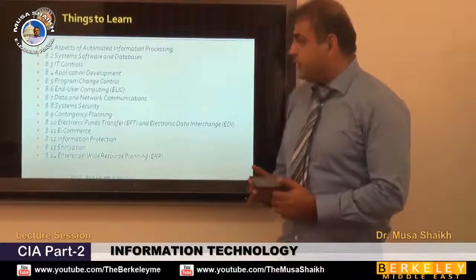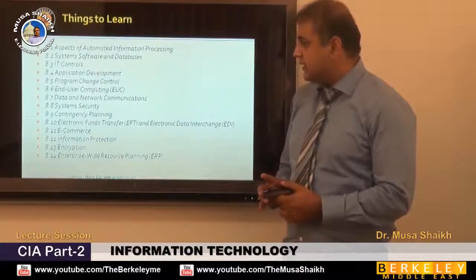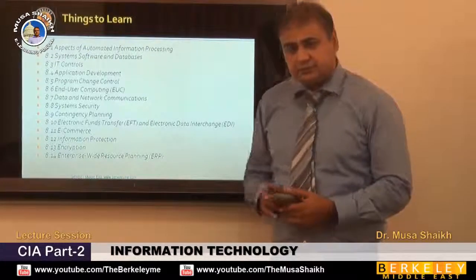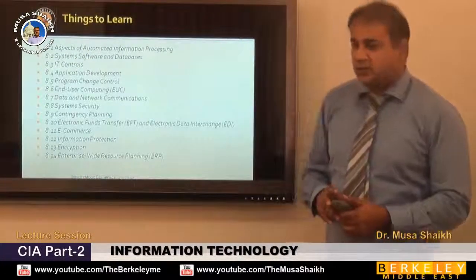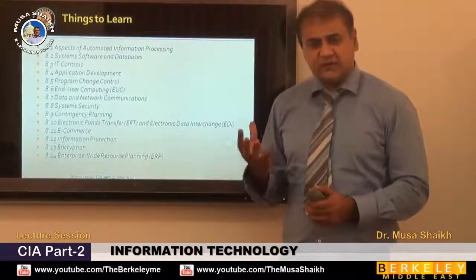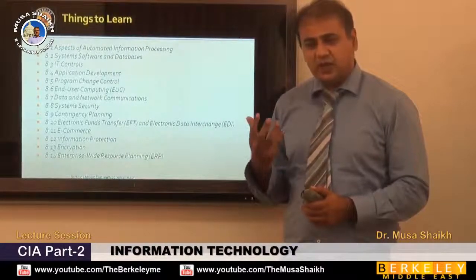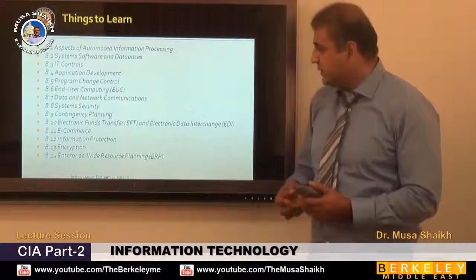End user computing means how as an end user we will use it. Data and network communication means how the data will be transferred. You have a server, you have networking, you have terminals, you have switches, hubs.